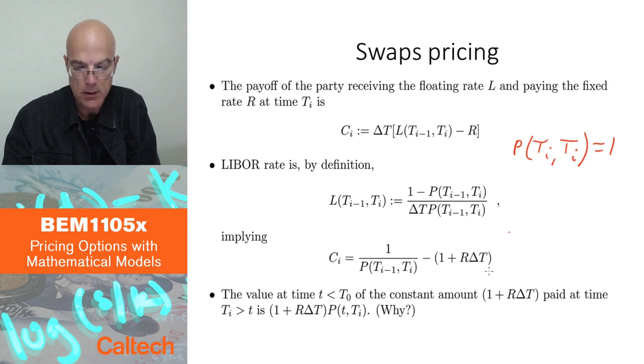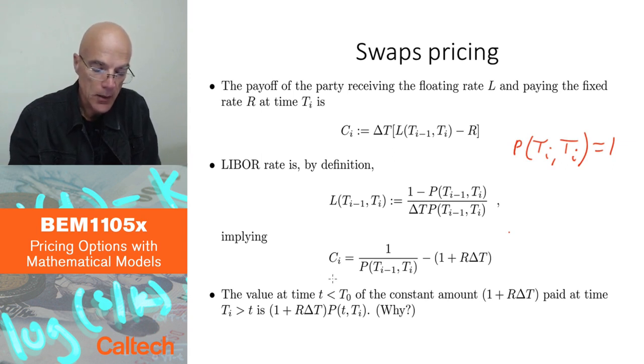That's just a constant. This is going to be paid at time ti, right? And we are computing the value at time small t, which is less than the first payment of the swap, which is at time t0.